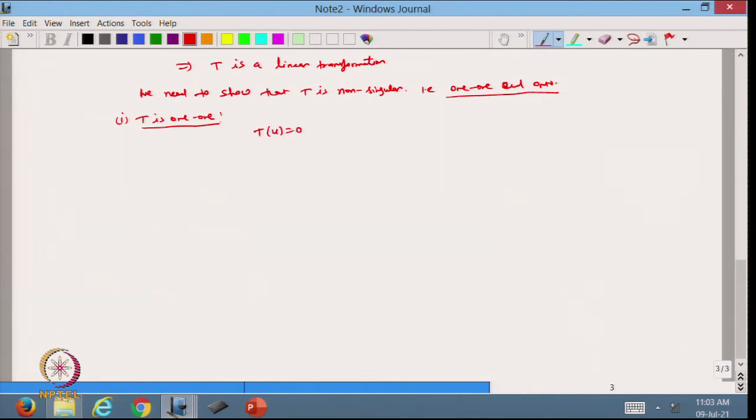So, let us take this element, which implies that I am taking the element alpha 1, alpha 2, alpha n equal to 0, 0 belonging to V n, and from here I can get alpha 1, alpha 2, alpha n, all are 0. So, this is what I have done.